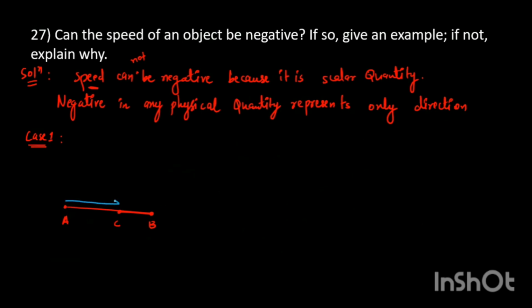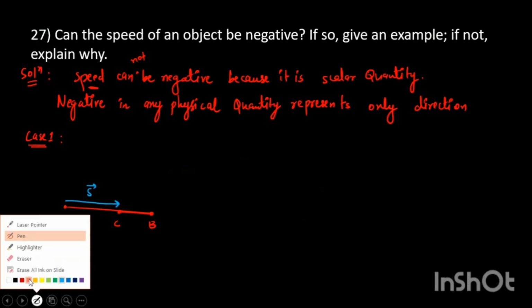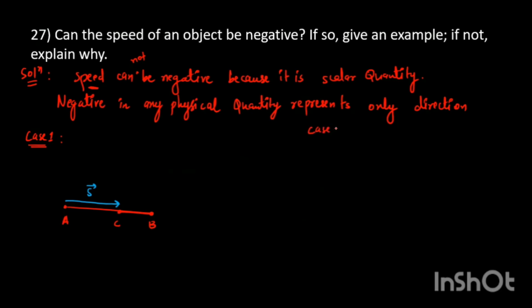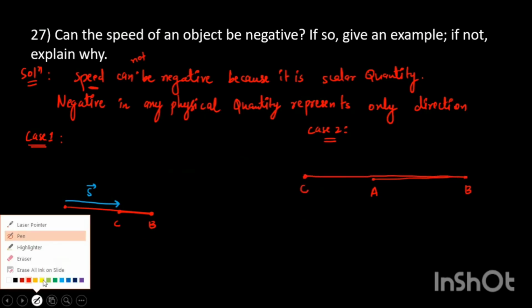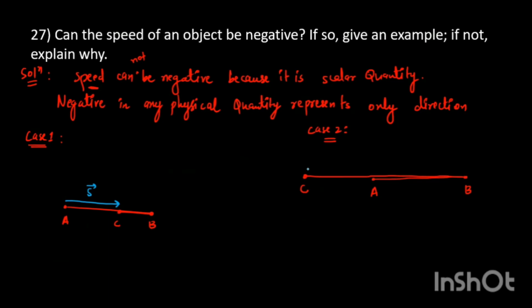This is the first case. In the second case, particle A started traveling from point A, went to point B, then from point B took a U-turn and went to point C. Here the displacement vector is drawn from A to C. A is the initial position in both cases.